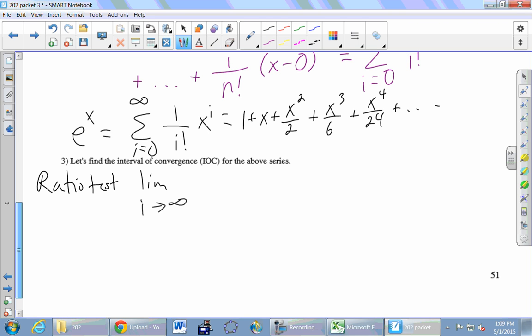So we get 1 over I plus 1 factorial times x to the I plus 1, over 1 over I factorial x to the I. That's the general term on the bottom, and then the next term out in the series on top. What are we missing? Absolute value, gotta have it.